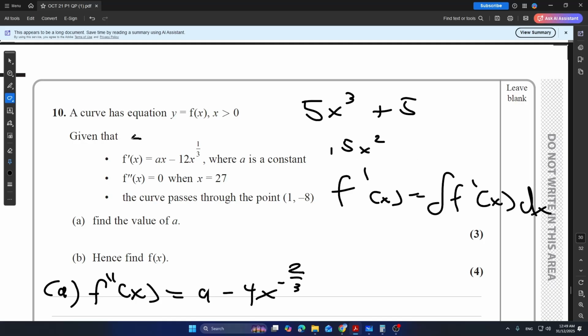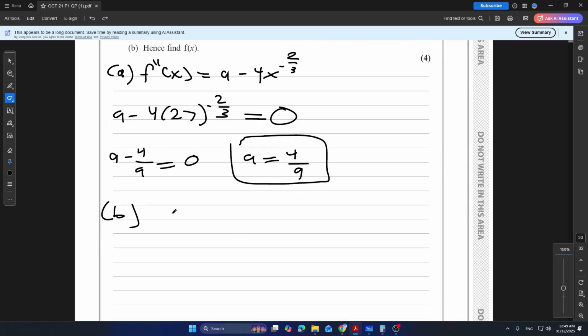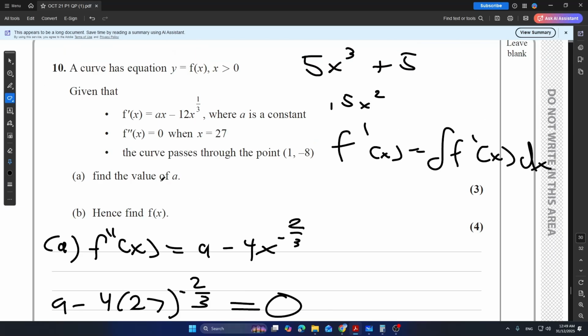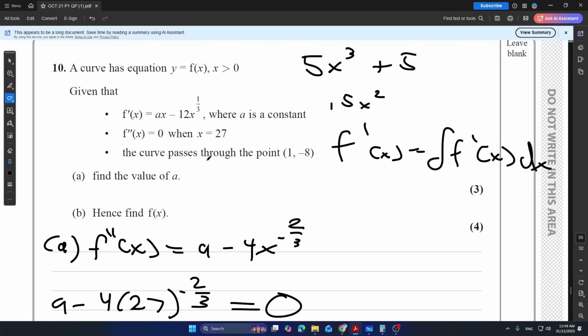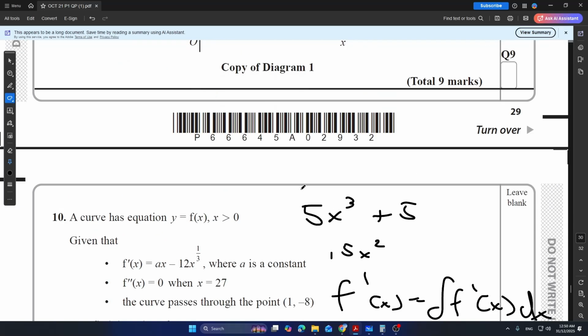So we integrate f dash x with respect to x. We already have f dash x, and we found the value of a, which is 4 over 9. So let's rewrite f dash x equals 4 over 9 x minus 12 x power 1 over 3.